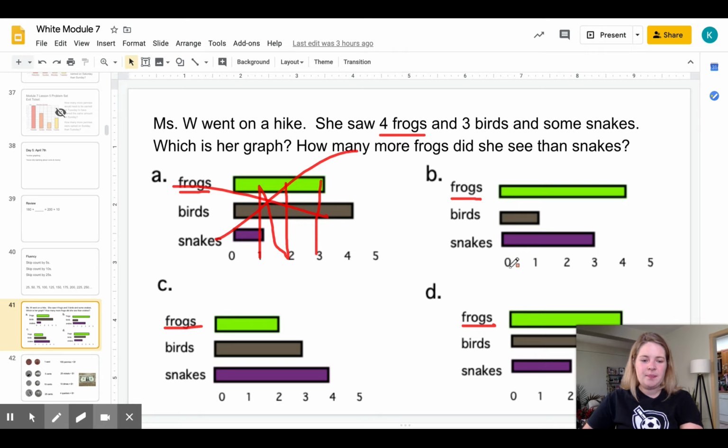Let's try B. 1, 2, 3, 4 frogs. Ooh, that was a curvy line, but you see what I'm doing. B could be correct. What about C? 1, 2. Oh, nope, C is incorrect.